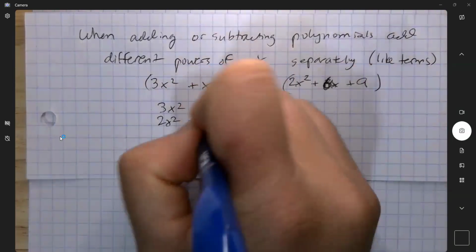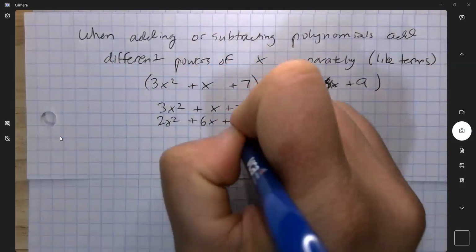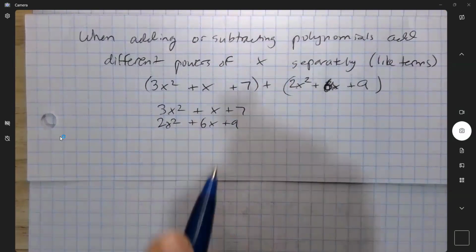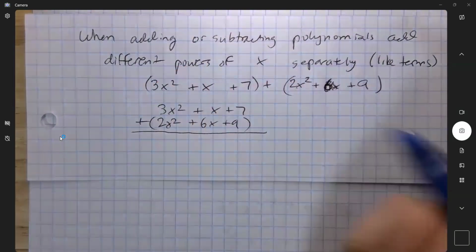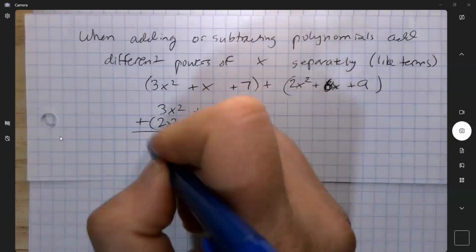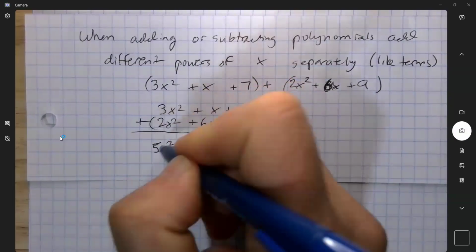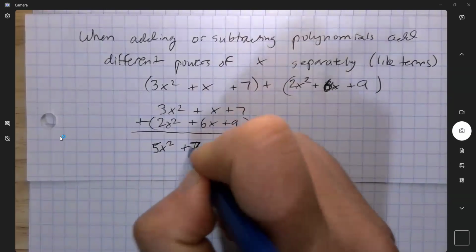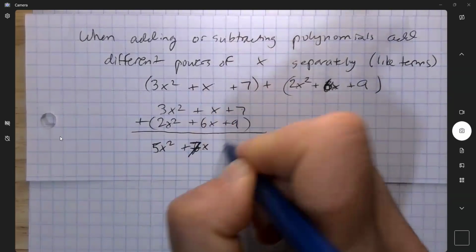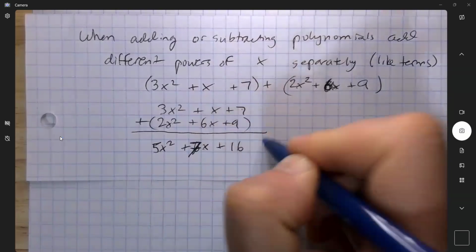And I would arrange them so that the different powers of x are vertical, one on top of another, and then I just add them separately. 3x squared and 2x squared give me 5x squared. x and 6x give me 7x. And 7 and 9 give me 16.